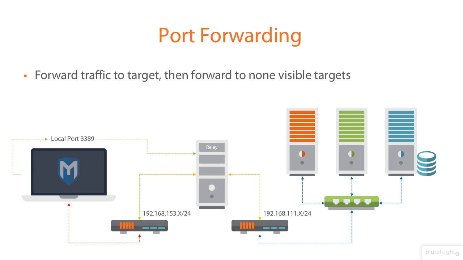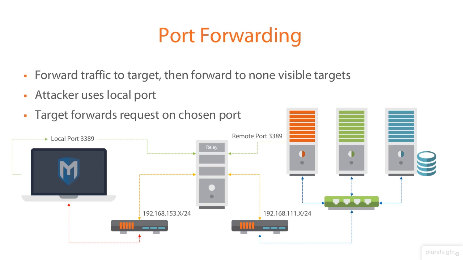So I'm going to utilize port 3389, that's remote desktop, and I'm going to say that whenever you see that port, I want you to route that traffic all the way through the relay box, go out to the machines on the other side, and then return the request so the two can meet in the middle. So that means I'm able to remote desktop to a machine that I don't actually have direct access to, as long as I'm port forwarding through the relay machine or the compromised target machine in the middle. And that's done using specific connections and also port forwarding rules, amongst a few other things.